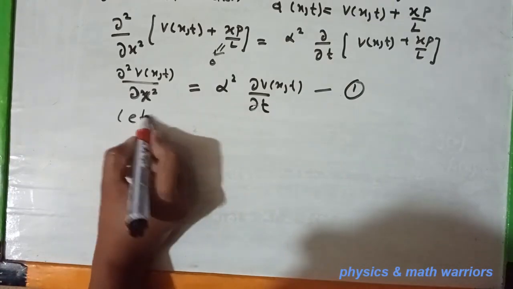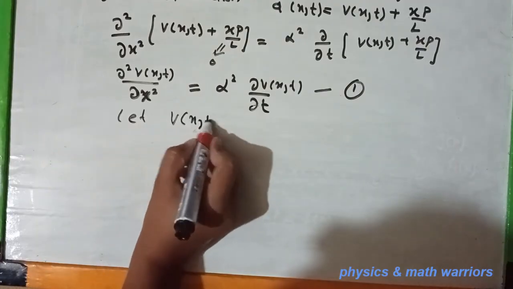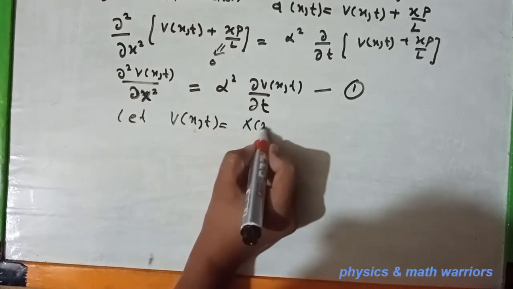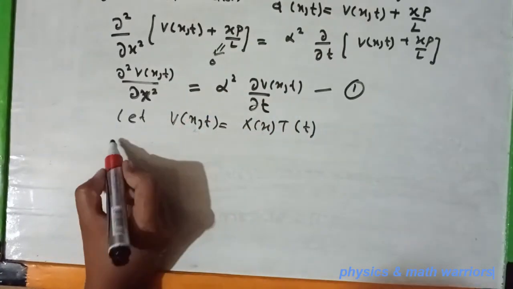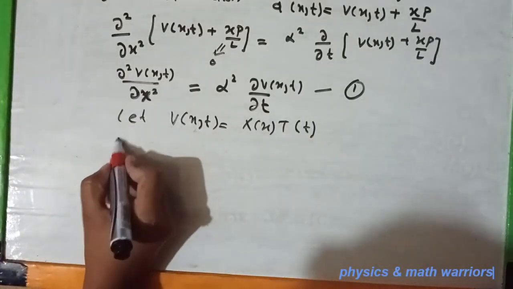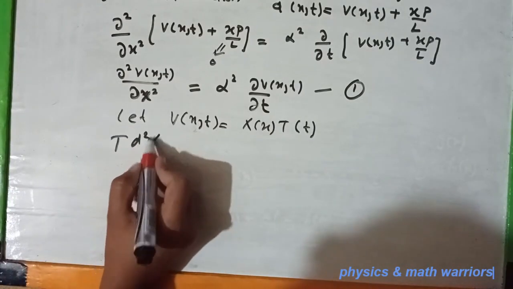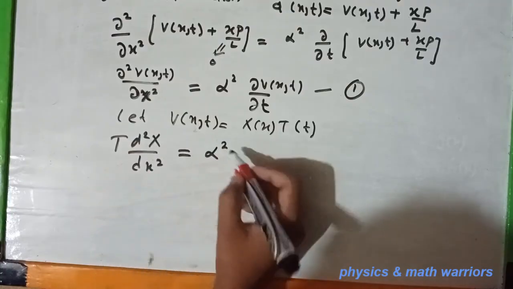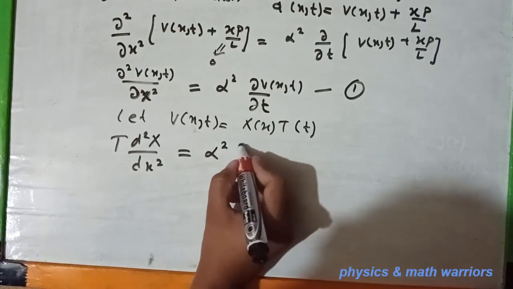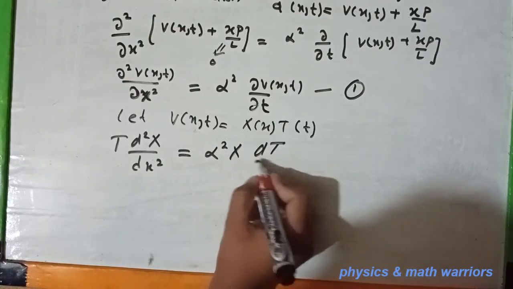Let v(x,t) = X(x)T(t). So equation 1 becomes T d²X/dx² = α² X dT/dt.